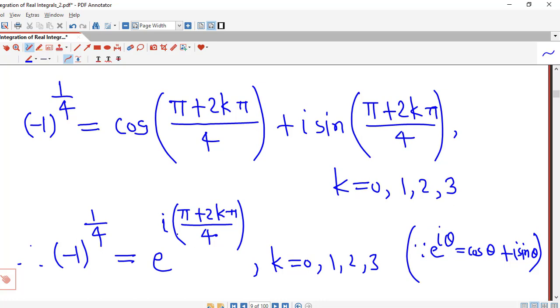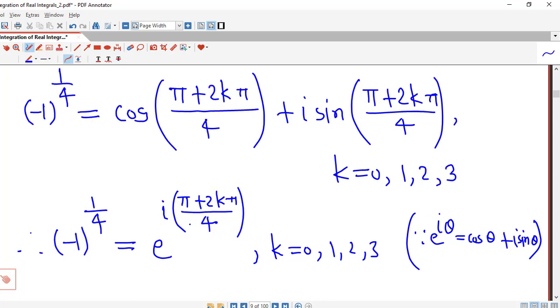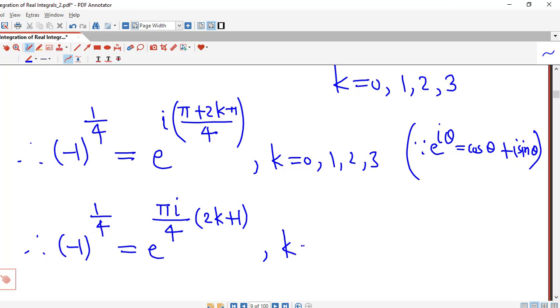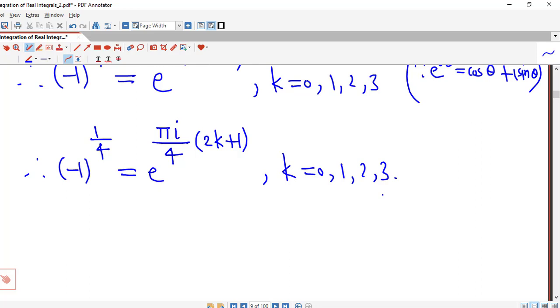Therefore minus 1 raised to 1 by 4, we can rewrite by taking pi common, as e raised to pi i divided by 4 times (2k plus 1), k from 0, 1 to 3. So for different values of k, we will have different fourth roots of minus 1.